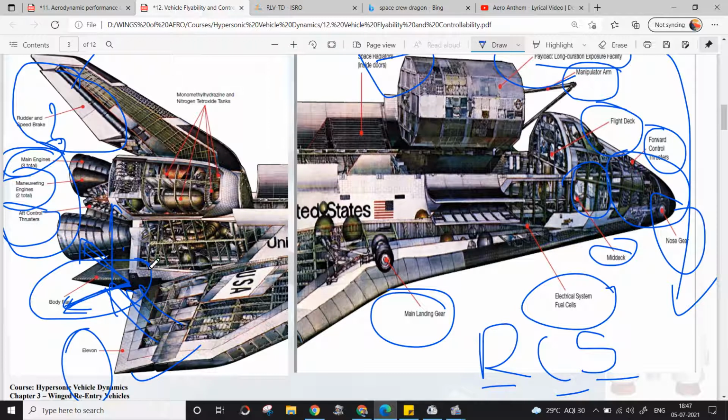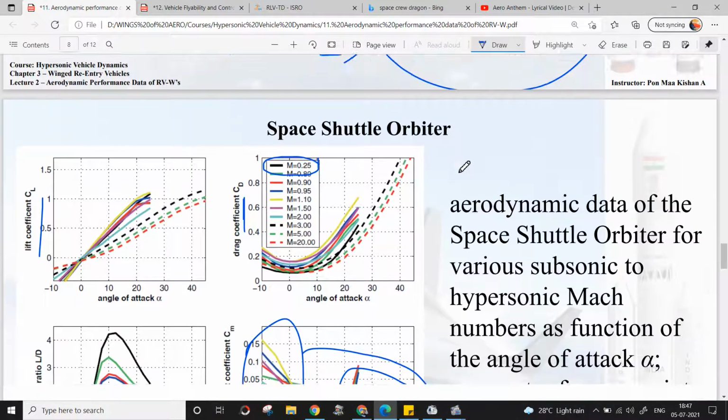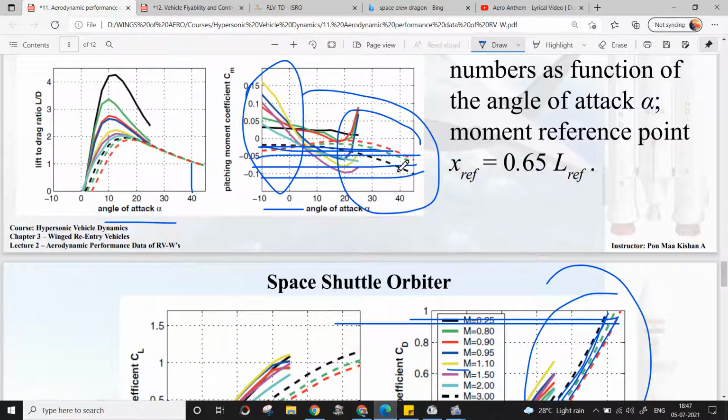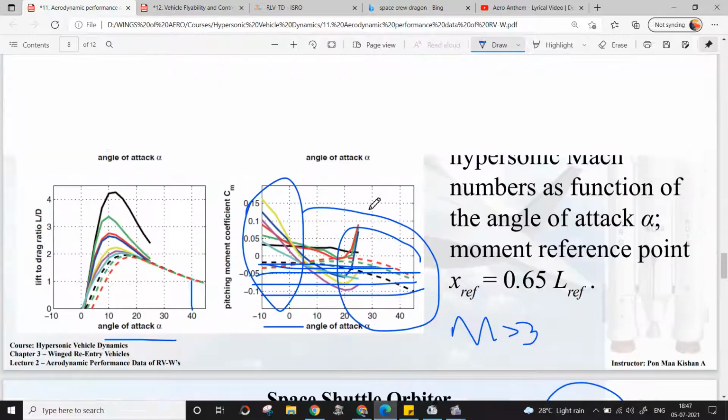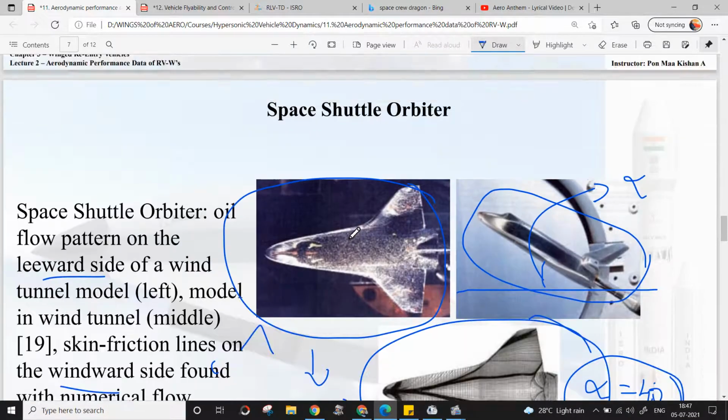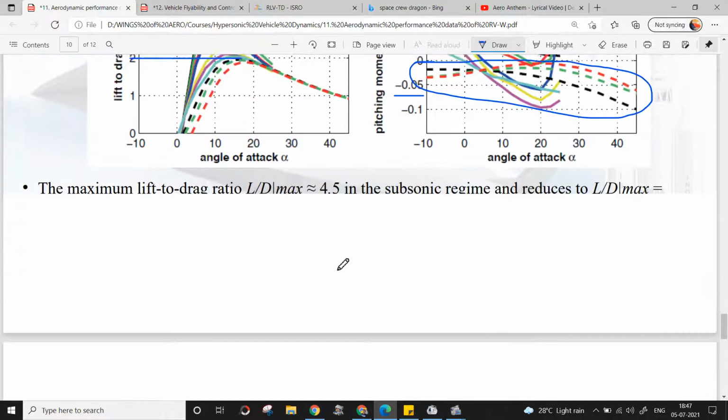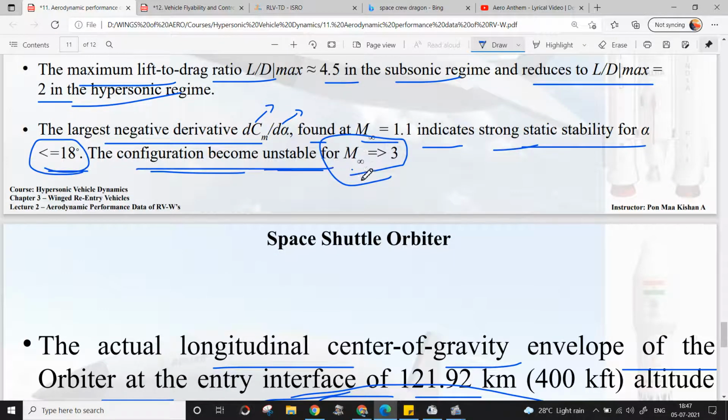So why has NASA designed such a type of control surface? Because we need to think that our pitching moment at higher Mach number, greater than 3, creates an unstable condition. Right? We have just learned that. The vehicle becomes unstable at Mach number greater than 3, which indicates we are flying at a larger angle of attack, which will create a pitch up movement.